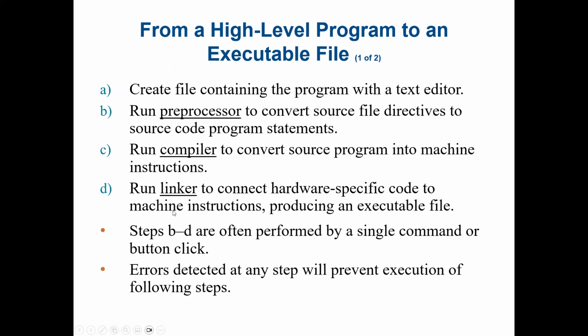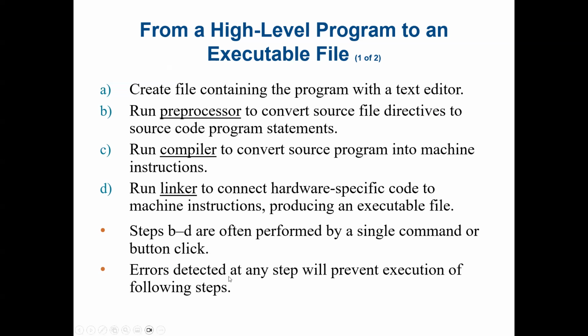Now, if we are using a compiler or an IDE, an Integrated Development Environment, these steps mostly go together. So here we say steps B to D are often performed by a single command or button click, especially if we are using an IDE.